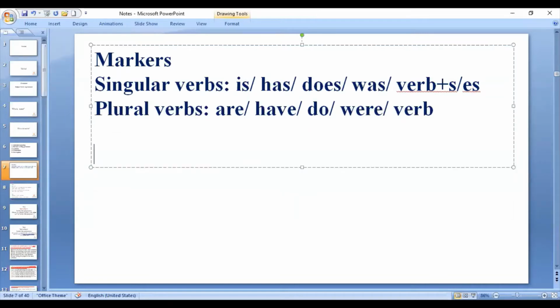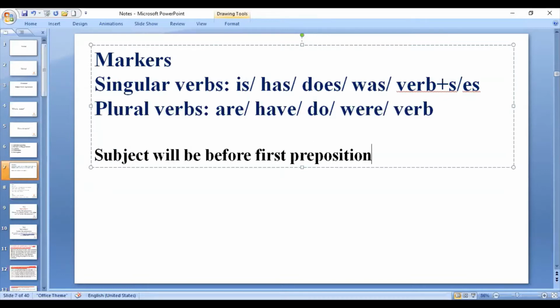Now, in general communication, we put subject and verb together. But in a test, remember, there will be many words close to the verb. So one shortcut we have to apply is a concept: the subject will be before the first preposition.